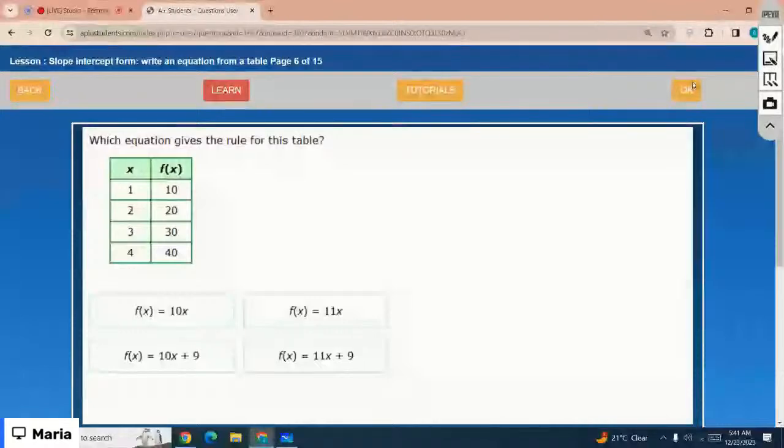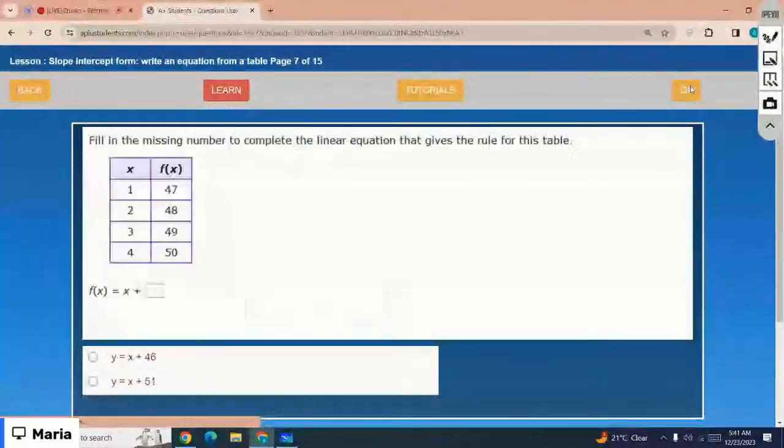So the correct option is y equals 10x, option A. Fill in the missing number to complete the linear equation that gives the rule. Which is the correct option?